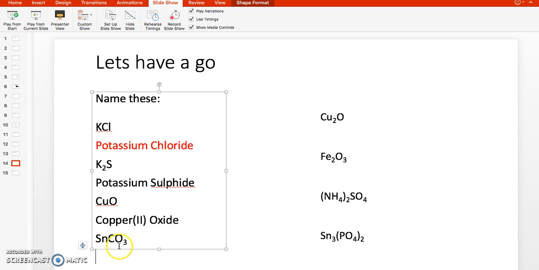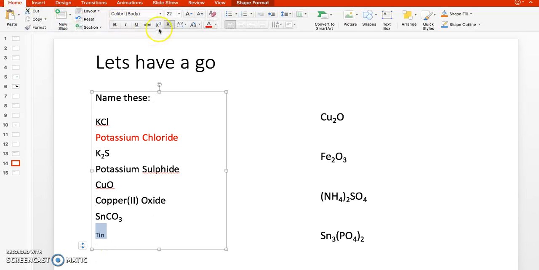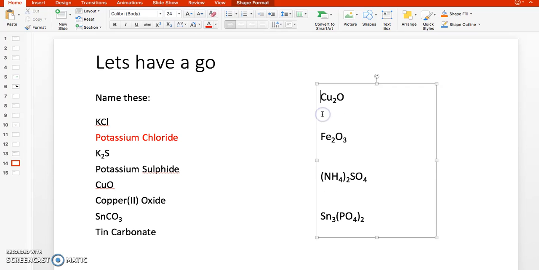This example here of SnCO3, we identify Sn as tin, and CO3 we should know as carbonate. On this side, we have Cu2O.